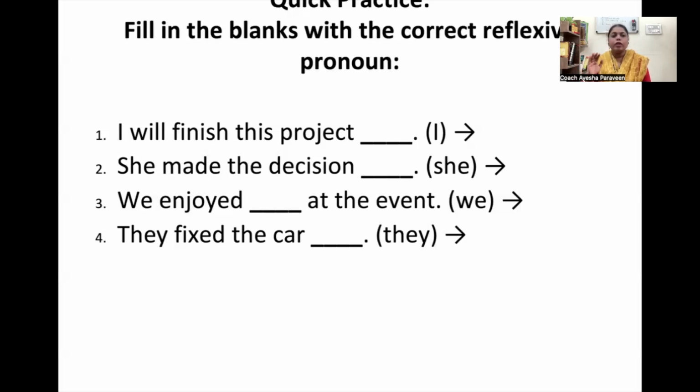But when it is plural, more than one, like they, themselves, then selves will come. Okay, self for singular, selves for plural. Okay, they themselves, we ourselves. So if it is more than one, it won't be self, it will be selves. Okay, ourselves, themselves, like that.